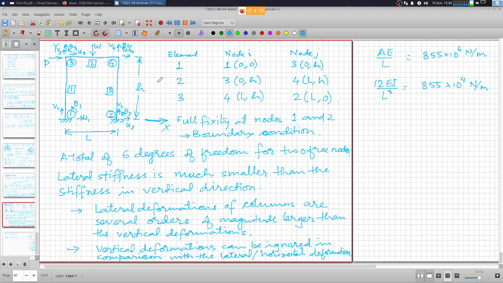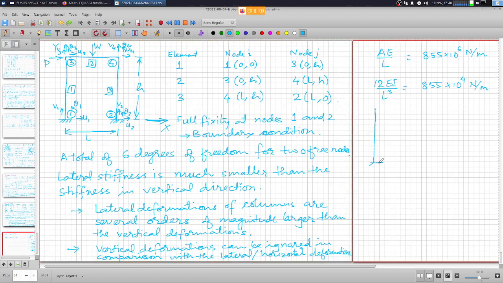So you can practically say that the degrees of freedom, and since this is a rigid jointed frame, the joint rotation is also going to be zero or negligible, particularly when the load is symmetric, although symmetry may not always be possible.